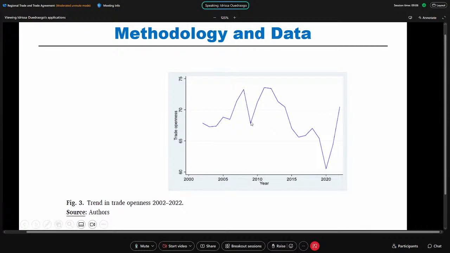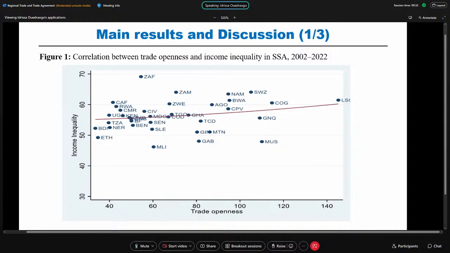For example, in the 2008 crisis, we see that trade openness decreased, and also during the COVID-19 period trade decreased, but trade increased after COVID. When you look at the scatter plot, we see that there is a positive correlation between trade openness and income inequality.